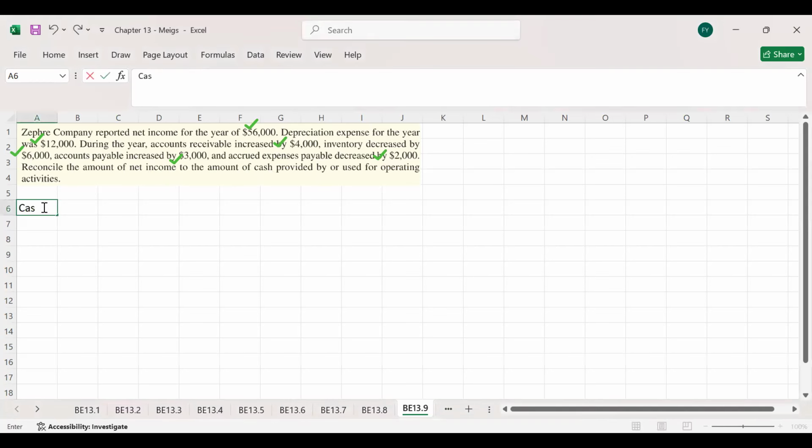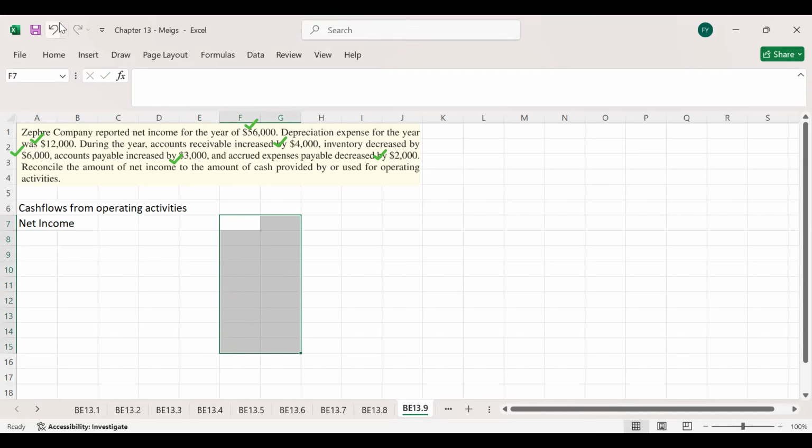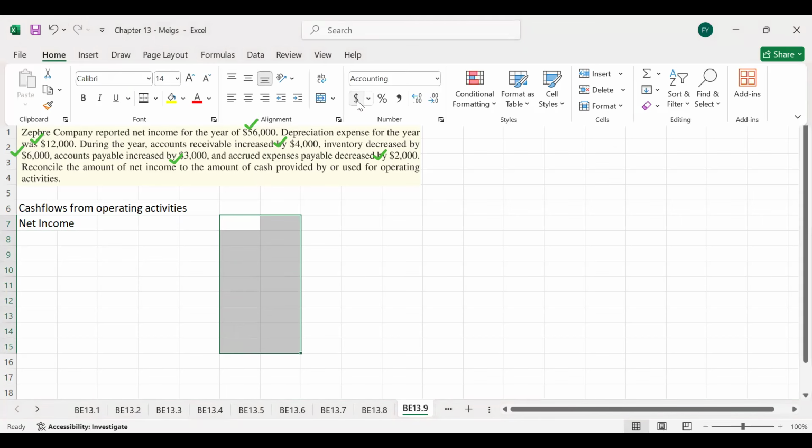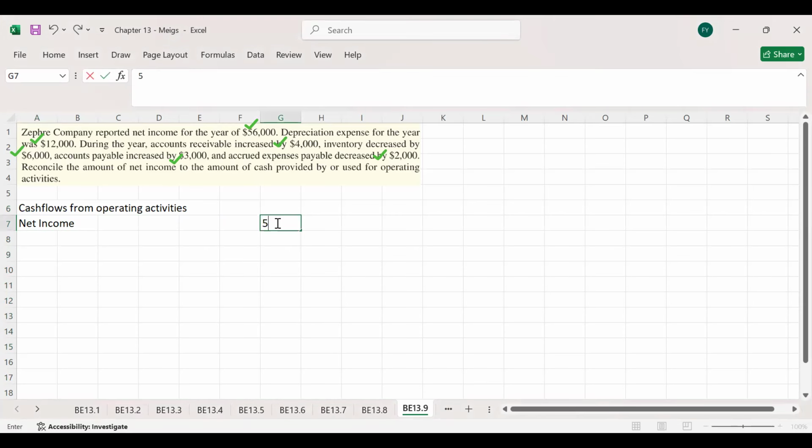So we are going to calculate cash flows from operating activities. First of all, we have net income, which is given. Now we have two columns and the dollar amount. So net income, which is 56,000.